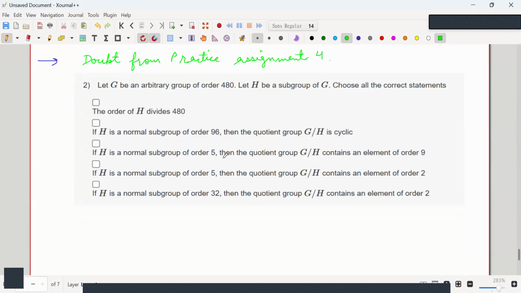So H is a normal subgroup of order 96, then the quotient group is cyclic.